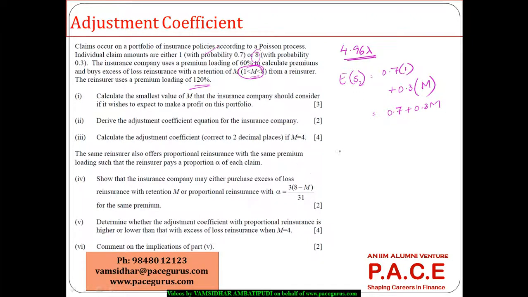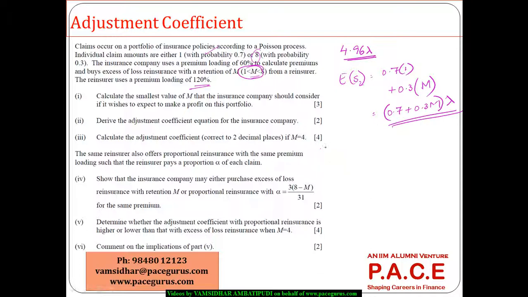So this is the expected claim payout for one single claim, and if I multiply it with lambda, that is for all the number of claims. So with the reinsurance, this is the expected claim payout of the insurer.